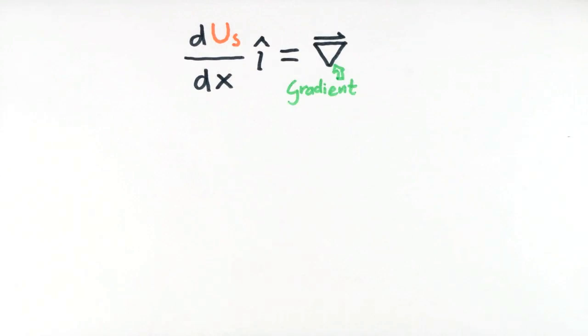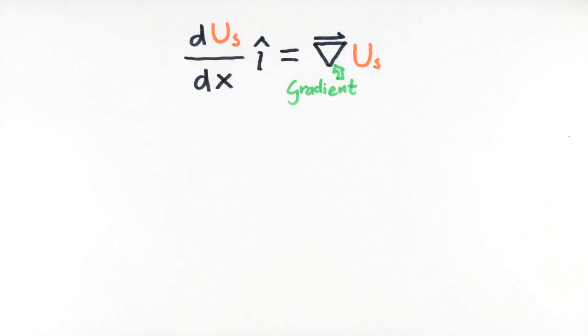Now if we perform the following operation, take the derivative of the potential energy with respect to the spatial coordinate x, that is, compute the derivative dU sub s dx, and multiply the result by the unit vector corresponding to that same spatial coordinate, here the unit vector i hat, then we have performed a mathematical operation called a gradient.